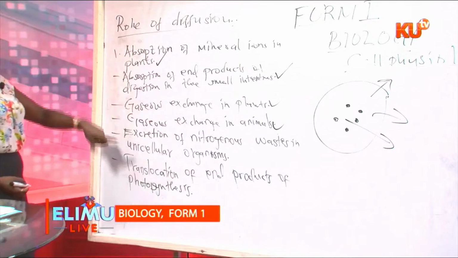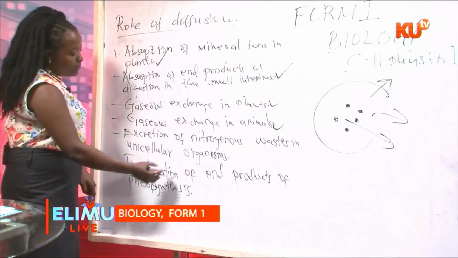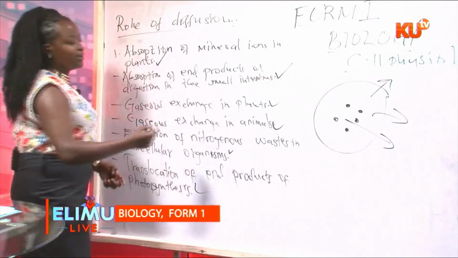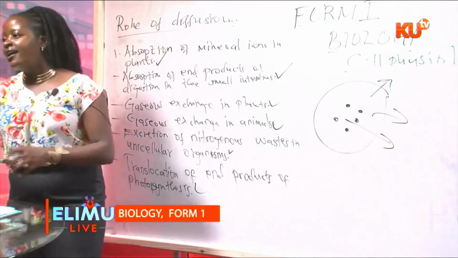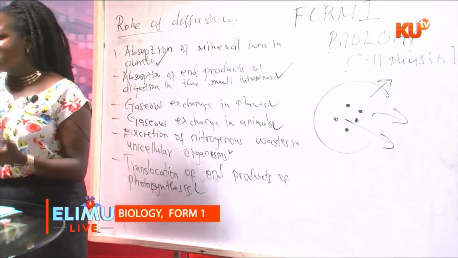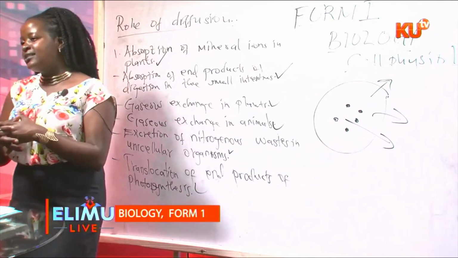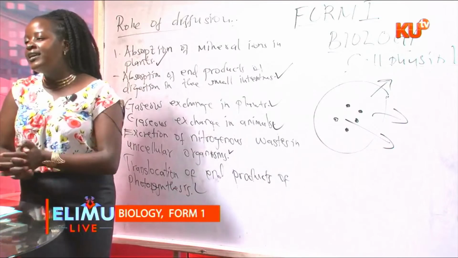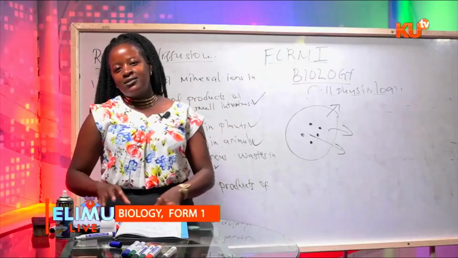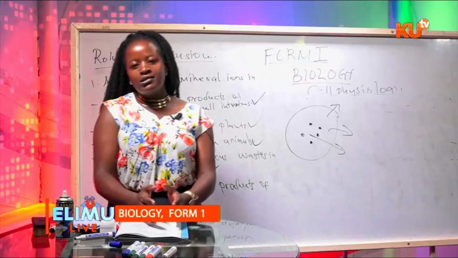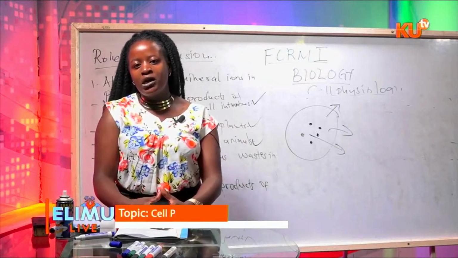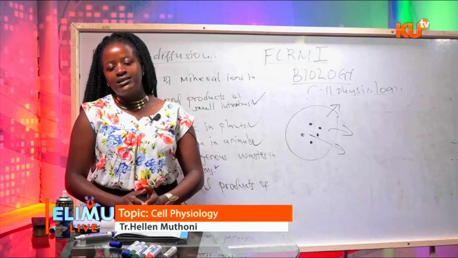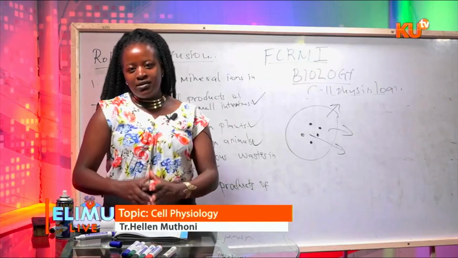Lastly, we have translocation of end products of photosynthesis. Translocation is the process that end products of photosynthesis such as glucose are removed from the leaves and are transported to the rest of the plant. Now, because the leaves are the major points where photosynthesis takes place, this glucose cannot be retained here.